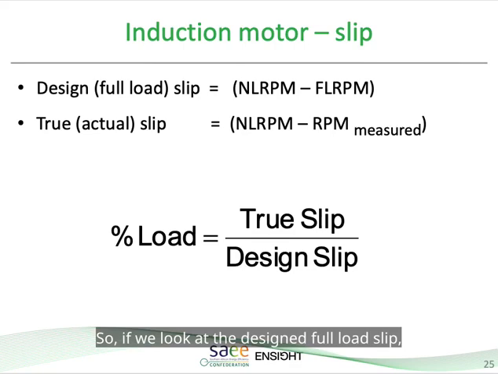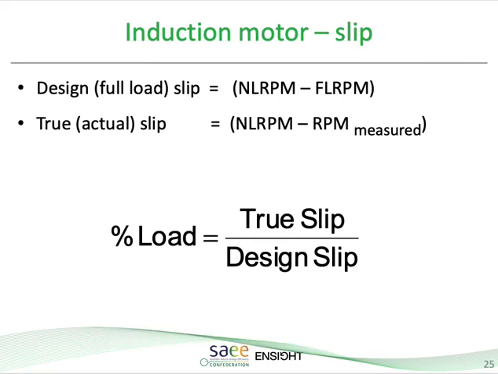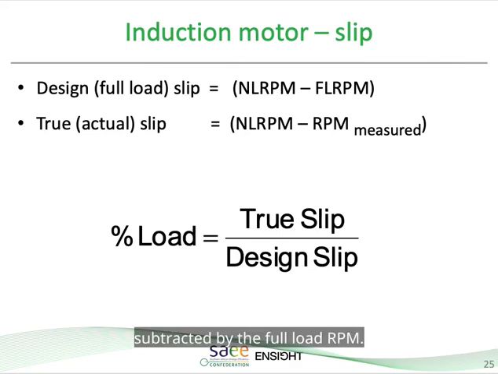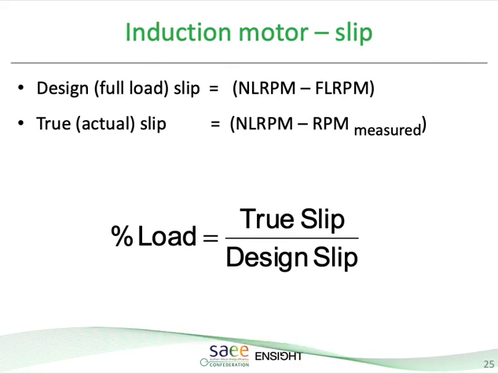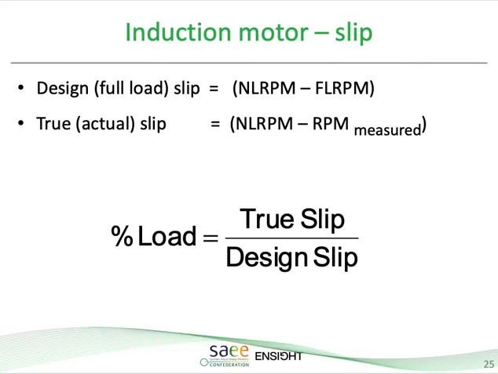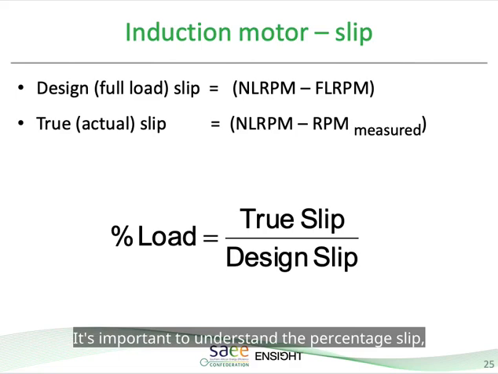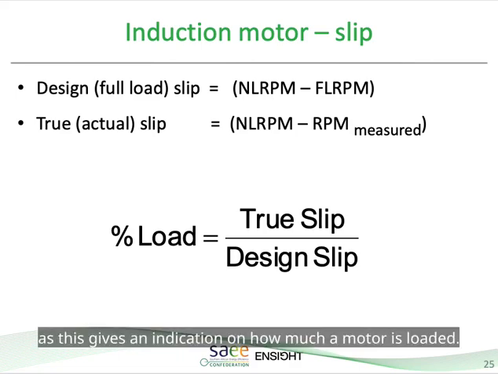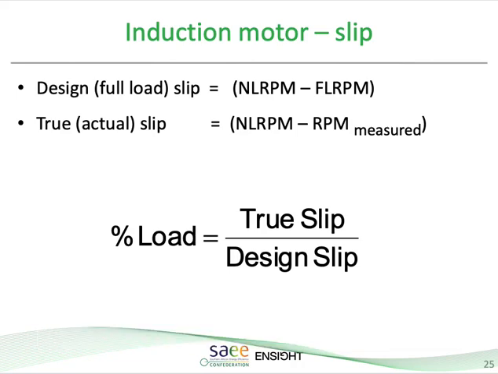If we look at the designed full load slip, it's the synchronous RPM subtracted by the full load RPM. The true or actual slip is the no load RPM subtracted by the measured RPM. It's important to understand the percentage slip, as this gives an indication of how much a motor is loaded.